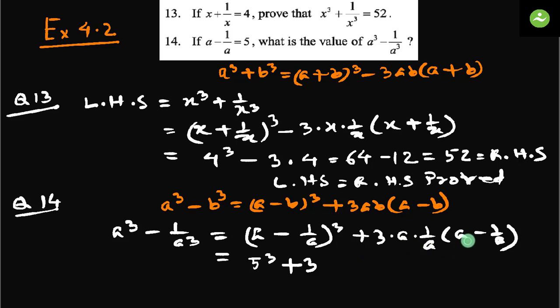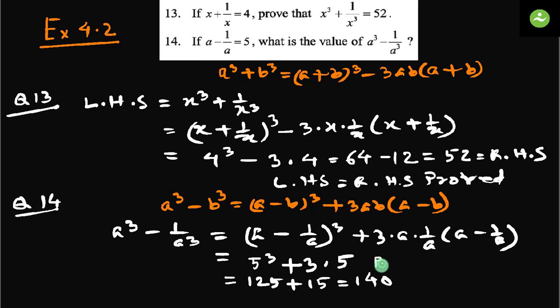So 3a into again a minus 1 by a means 5. 3 into 5 equals 125 plus 3 into 5, 15, equals 140. So value of a cube minus 1 by a cube is 140, but we have to write here that we have put the value of a minus 1 by a.